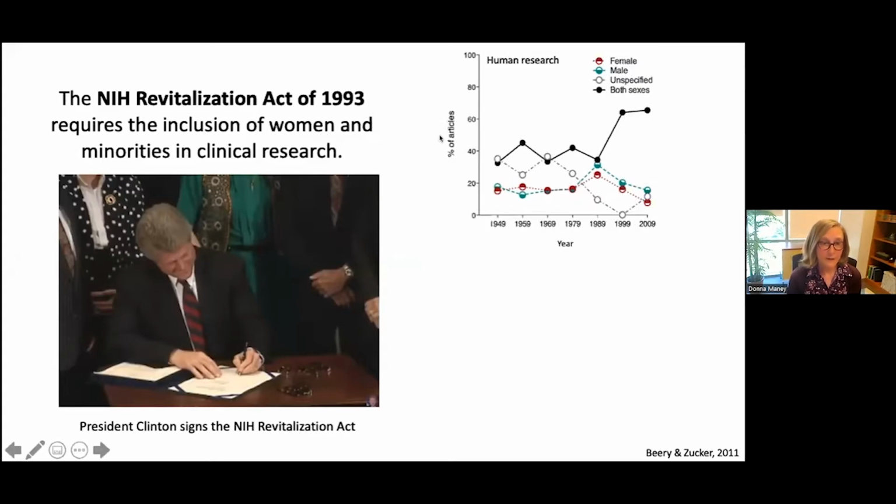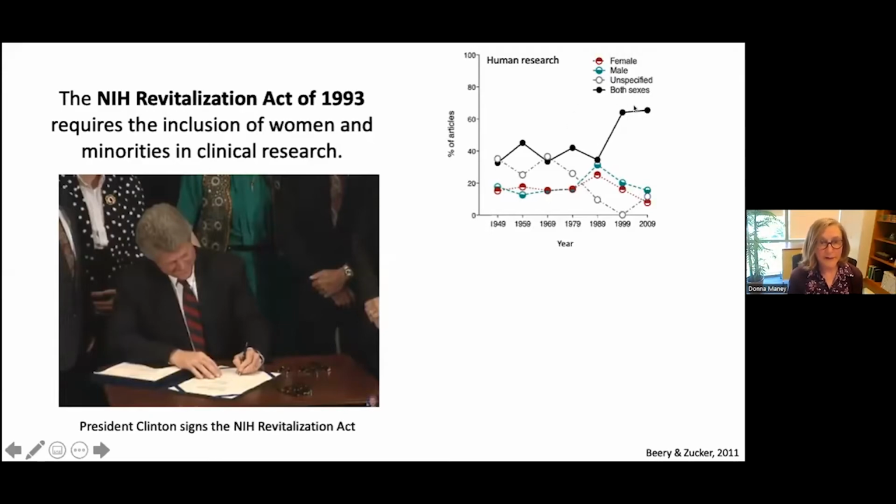So this is the percentage of articles that they found in the literature. And you can see that between 1989 and 1999, there's this big increase in the percentage of articles that report that they've used both sexes. And I want to stop here just to mention that in this talk, I'm going to be referring to males and females sometimes as, quote, both sexes, largely because in the studies that I'm going to be talking about, like the ones summarized here, no sexes or genders besides males and females are usually considered.